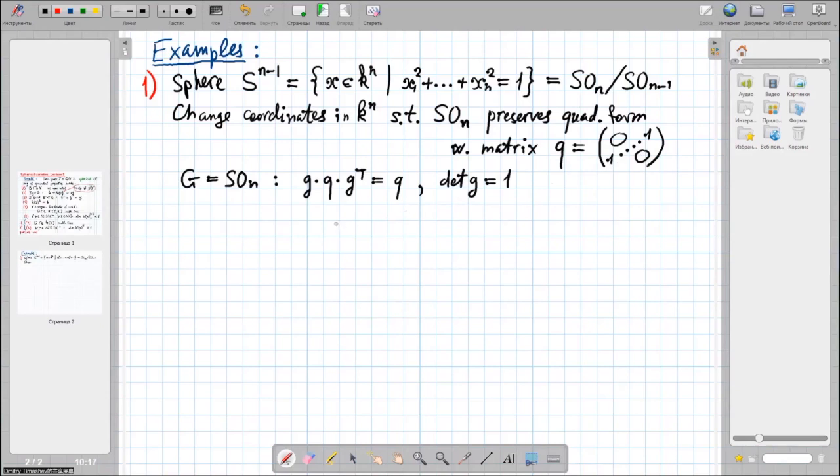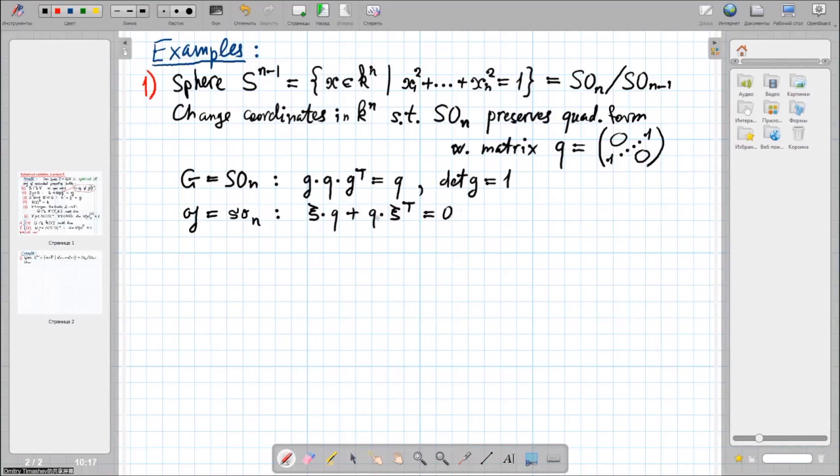The Lie algebra: if we differentiate these equations in g at unity, we'll get the linear equations for the Lie algebra of the group SO_n. So the Lie algebra, which I write like this in German letters, is given by the following equations: ξ times Q plus Q times ξ transpose equals 0.